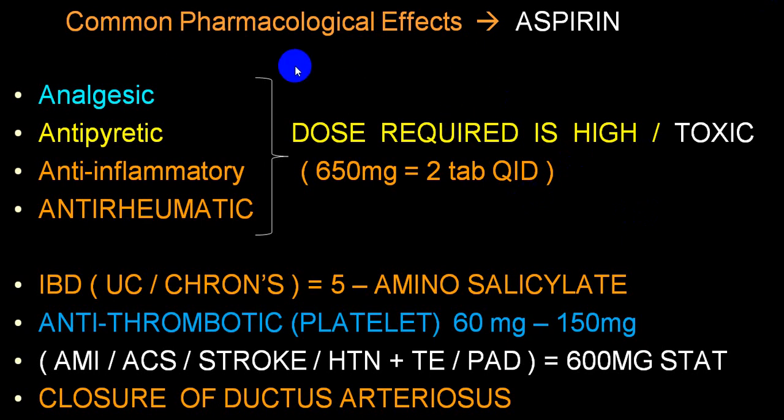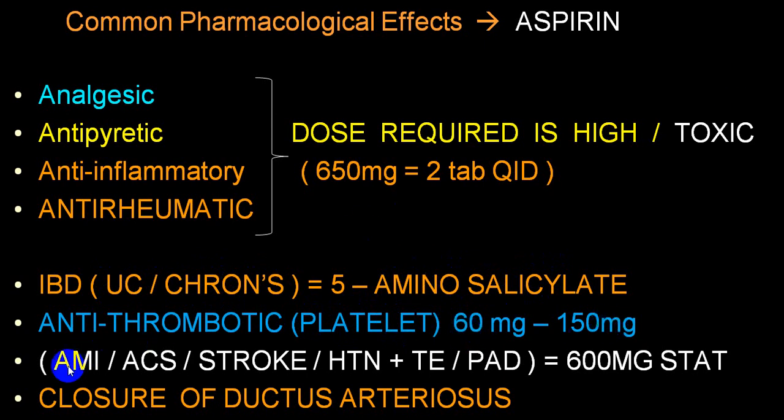A modified compound of aminosalicylic acid, that is 5-aminosalicylate, is very commonly utilized for inflammatory bowel disease like ulcerative colitis and Crohn's disease, as a primary drug. As an antiplatelet drug, the dose required is very low, 60 to 150 milligram.